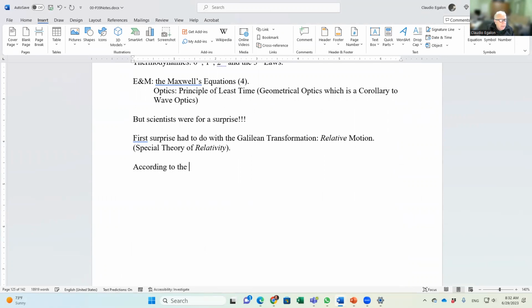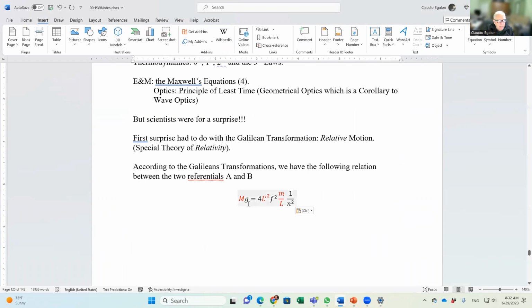According to the Galilean transformation, we have the following relation between the two referentials, A and B. So here we go.